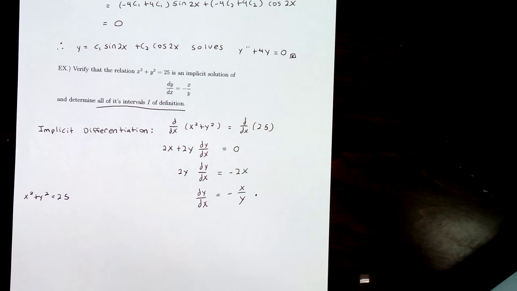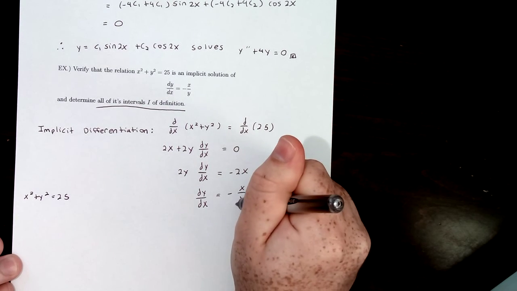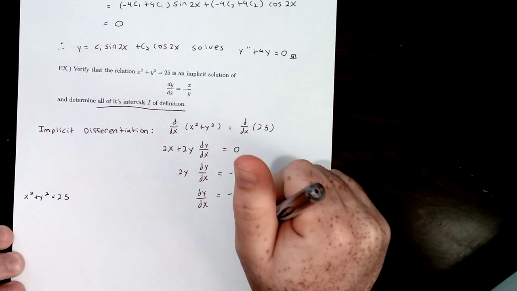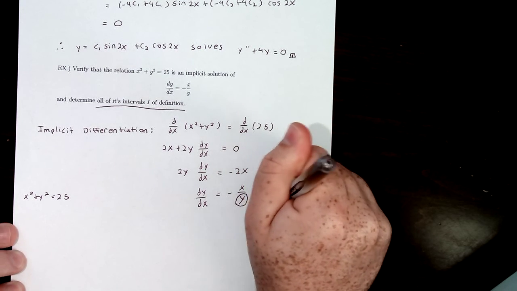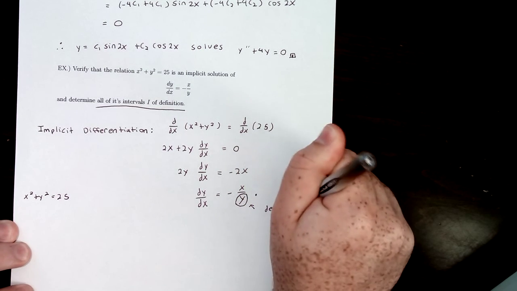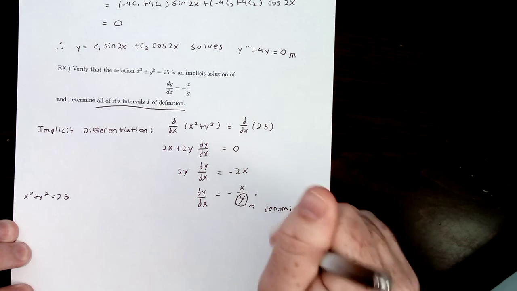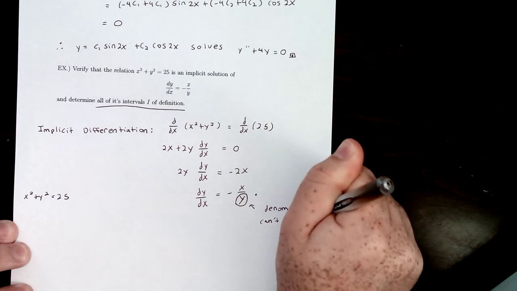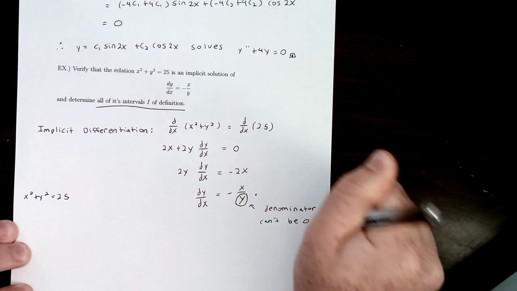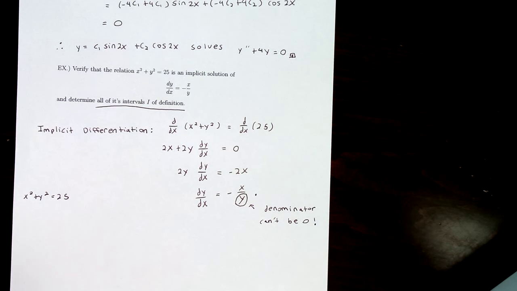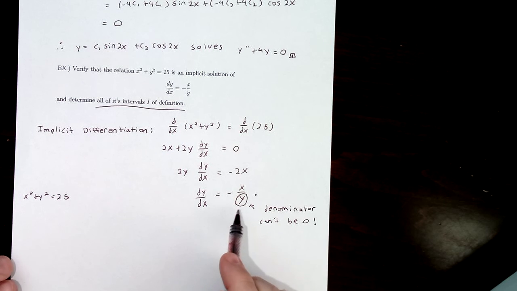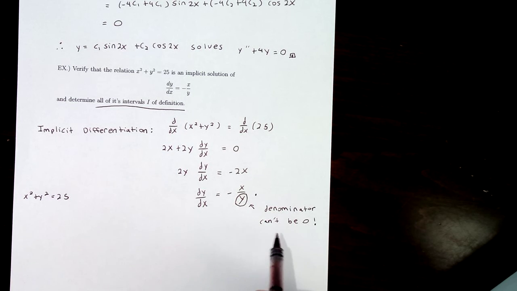Basically, our big thing here is the denominator cannot be 0. This is going to dictate the valid interval: the fact that this denominator, which is y, cannot be 0.